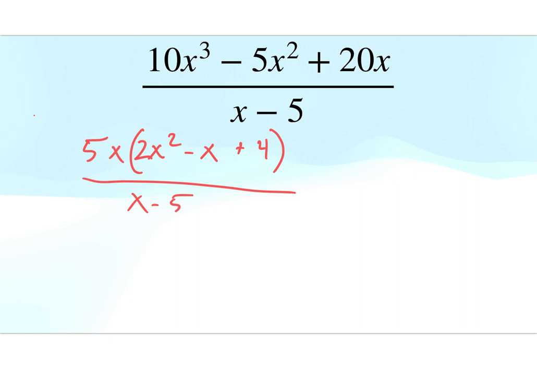And then over here, I'm going to take just the 2x squared minus x plus 4, a times c, which is 2 times 4, which is 8.